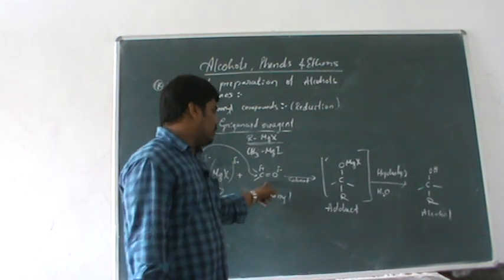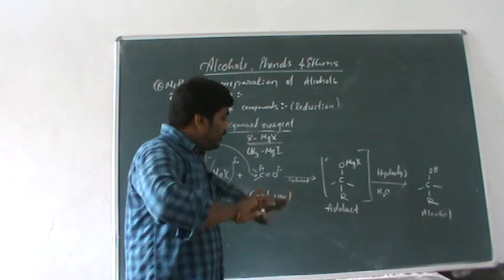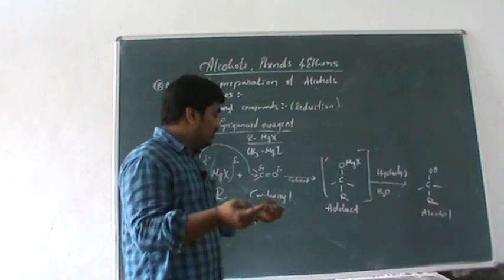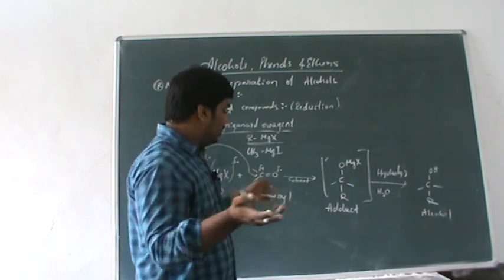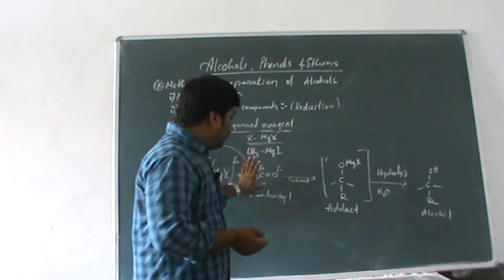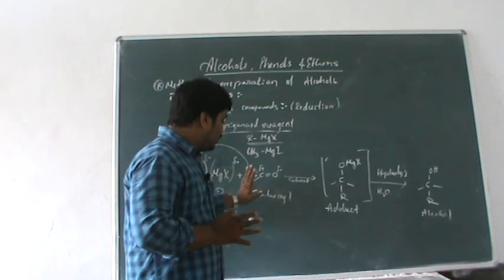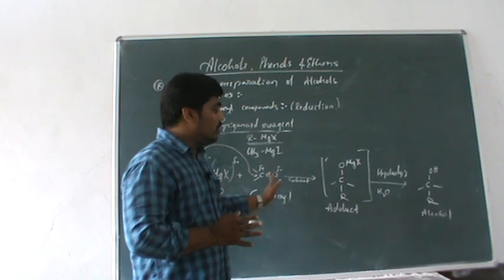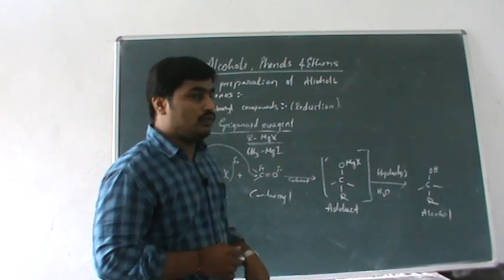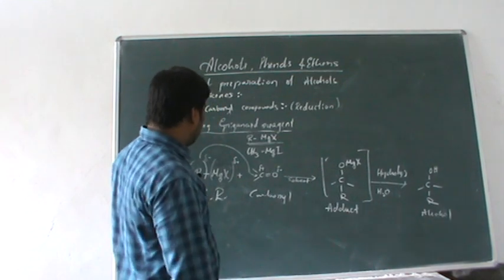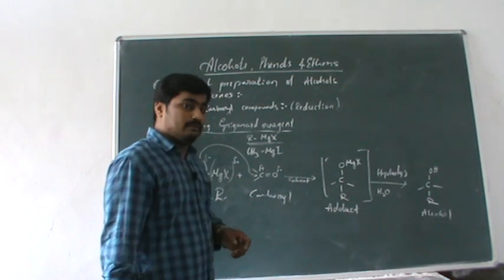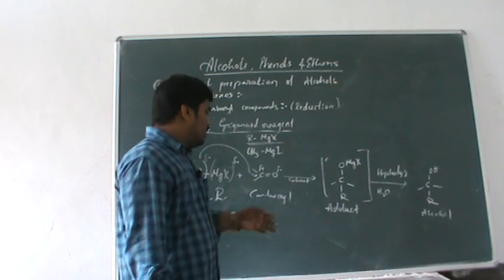Preparation of alcohols from carbonyl compounds: in the next topic, the aldehydes and ketones topic, under the properties of carbonyl compounds, how to convert carbonyl compounds into alcohol, in that case also this part is repeated.